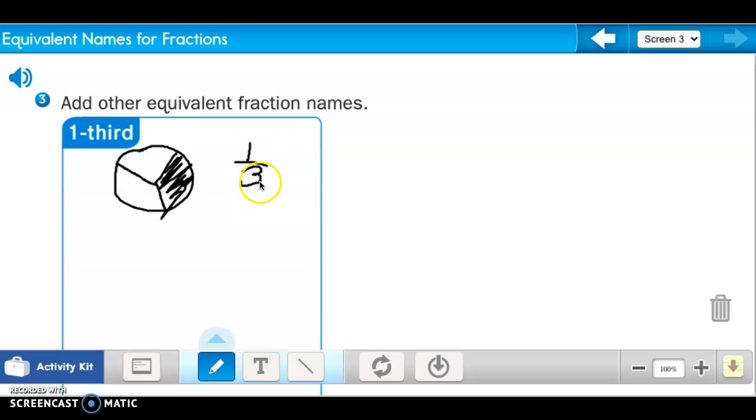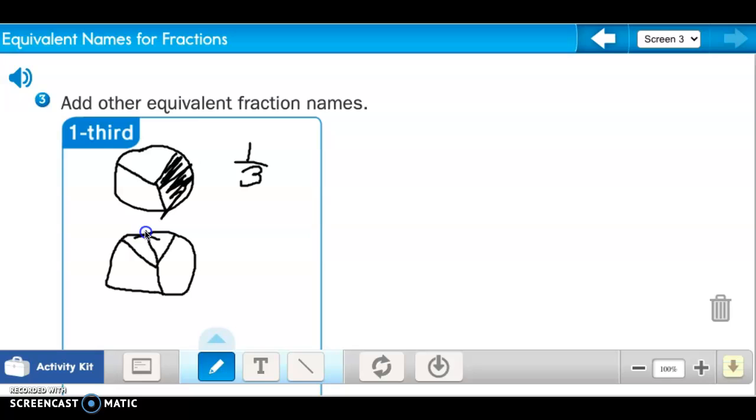So this is 1/3. Now we're going to take the same pizza, but oh boy, I'm not very good at drawing these circles. All right, and this time we're going to go ahead and cut it into the 3 like we did earlier, but this time we're going to cut it a little bit more.